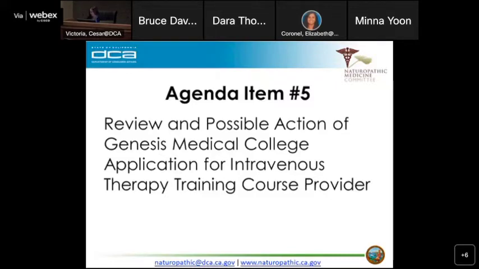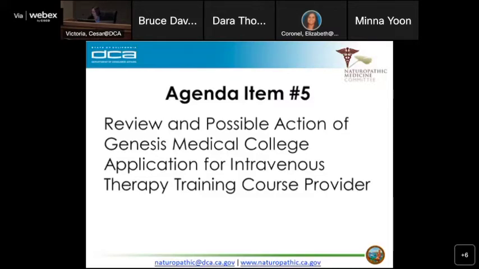I provided everybody with the application along with the Genesis Medical College flyer and also their hourly breakdown of their IV therapy. They also include blood withdrawal, so it makes me think that this has a little bit more leaning towards the phlebotomy side of things, but again, bringing it to those with the technical expertise.